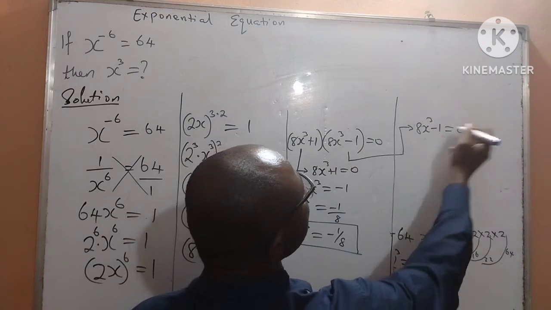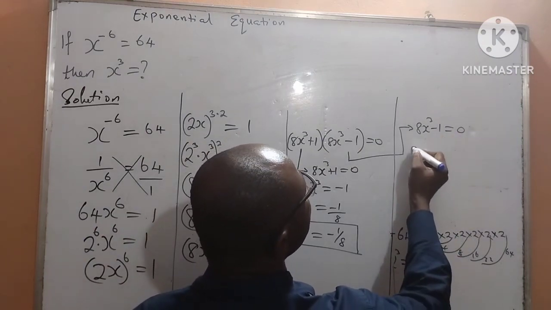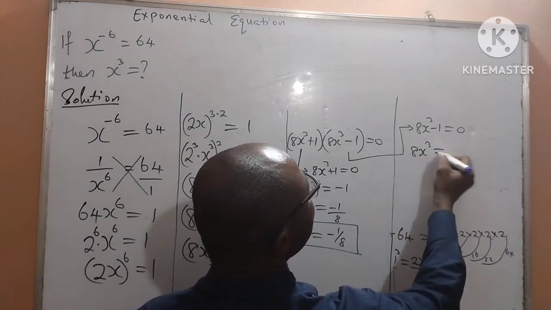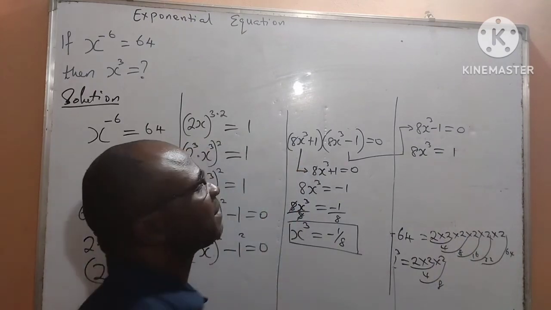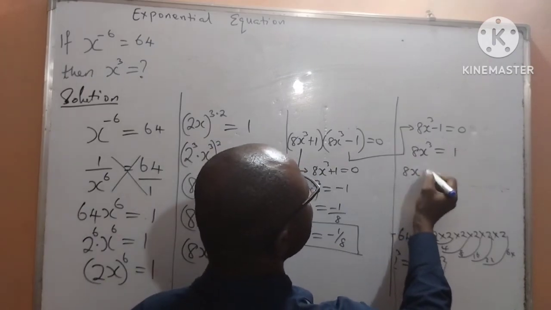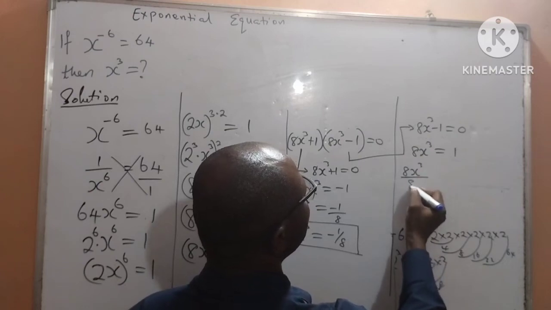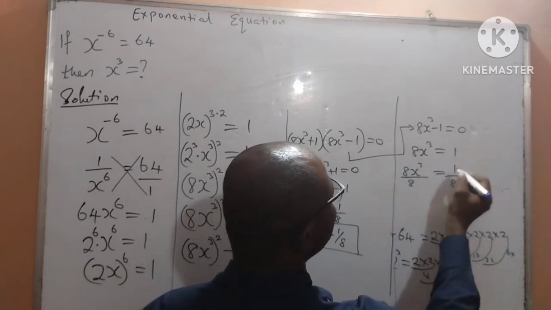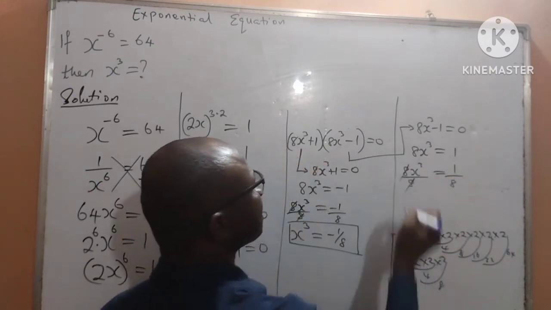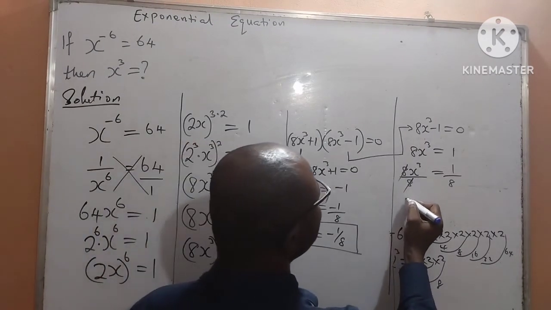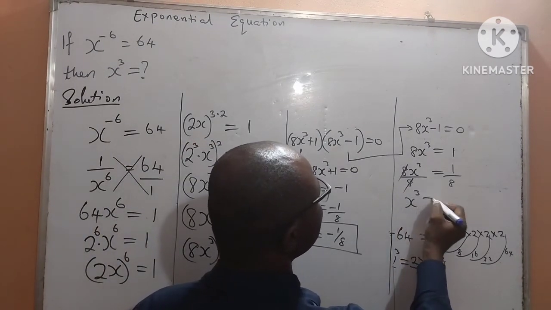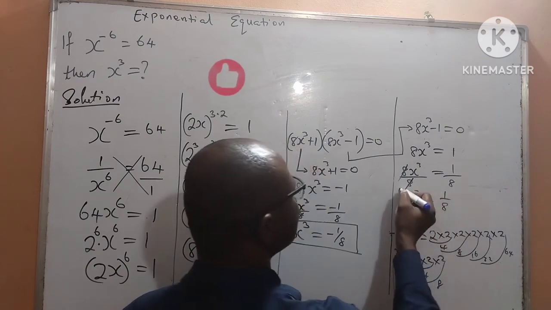We move this negative 1 to the other side, and that becomes 8x to the power 3 equal to 1. I divide both sides by 8. I'll have 8x to the power 3 all over 8 equal to 1 all over 8. So therefore 8 cancels 8, and I have left x to the power 3 equal to 1 all over 8.